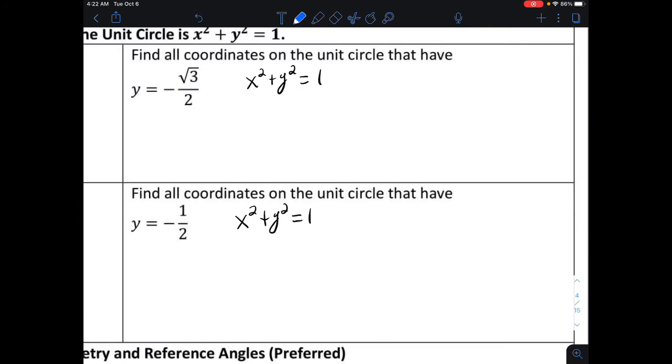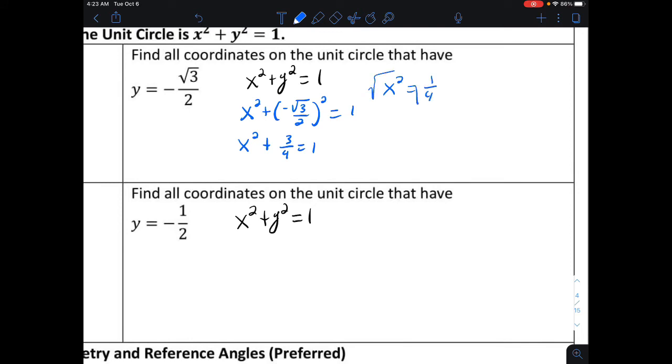I do the same thing here on this next one, so I want to find all coordinates that have a y value of negative square root of 3 over 2. So I'd put in negative square root of 3 over 2 where the y is in the equation of my unit circle. So x squared plus y squared is equal to 1. You square that radical, we'd have x squared plus 3/4 is equal to 1. Subtract the 3/4, we have x squared is equal to 1 over 4.